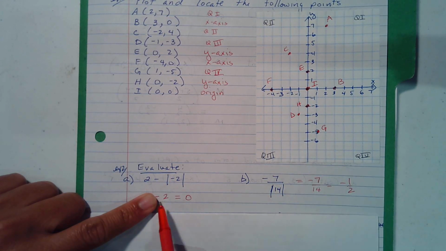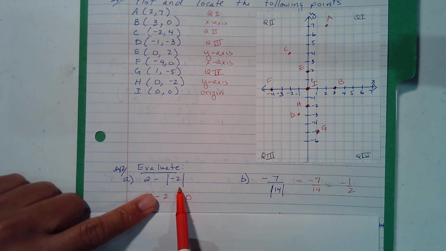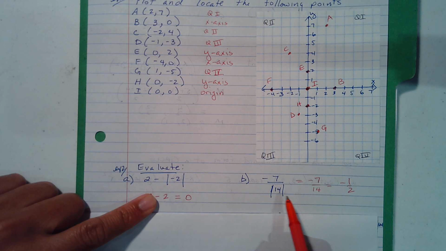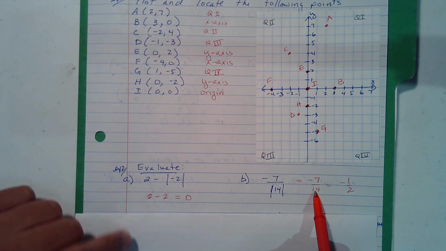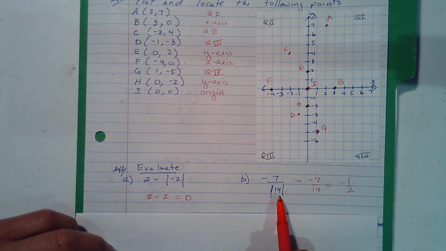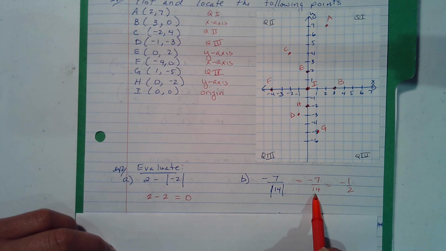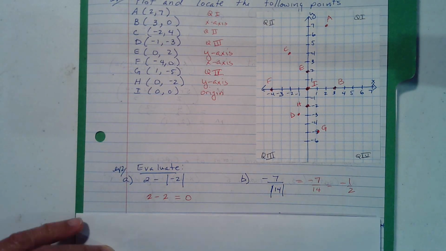It's 2 steps. So absolute value is the distance from 0. So this is -7. The absolute value of 14 is 14. Please do not think of opposites. The absolute value of 14 is 14. That means it's 14 steps away from 0. All of this reduces to -1/2.